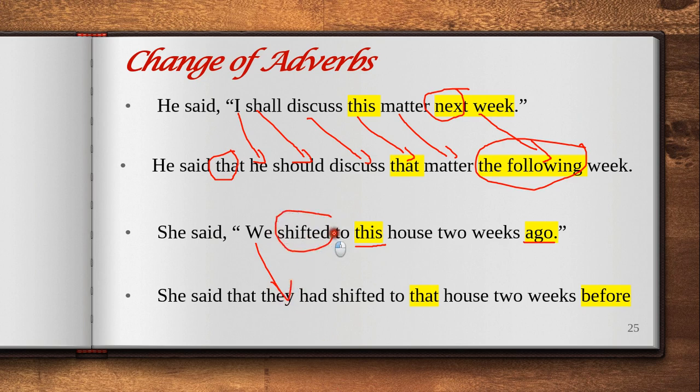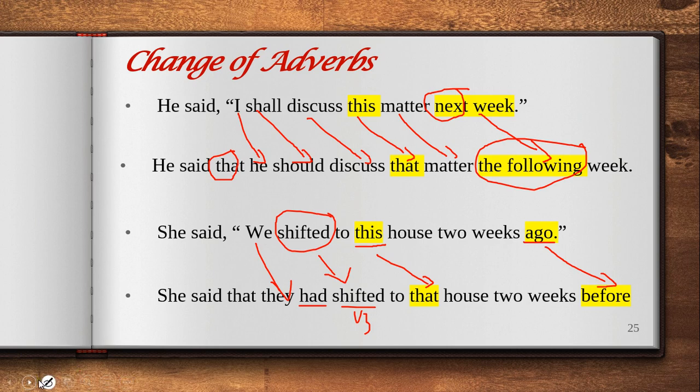Because this is past tense, you have to change it to the past perfect tense using had and verb 3. This changes to that house, and 2 weeks ago changes to 2 weeks before. Got it? All right.